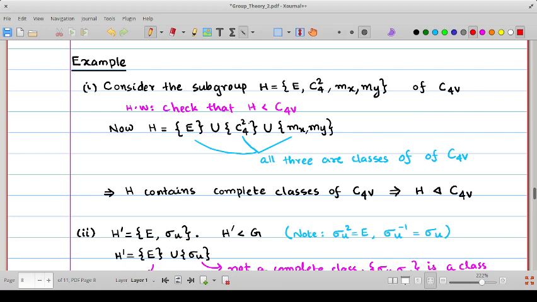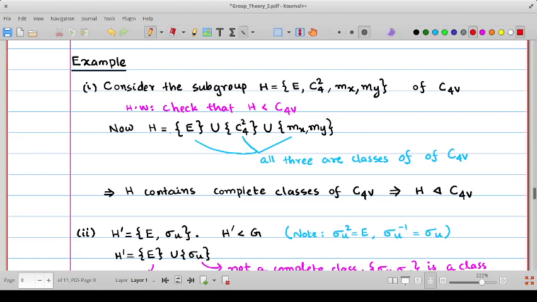Then we have also seen that C4 square is also a class, and Mx and My form a class. Please refer to the earlier lectures to see that this is a class, this is a class, and this is a class.